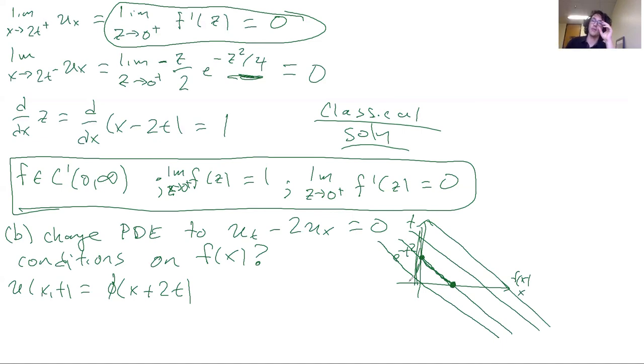To work it out just with the solution, let's remember, again, our initial condition tells us that phi of x is equal to f of x.